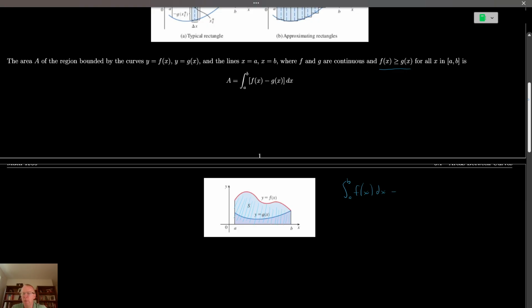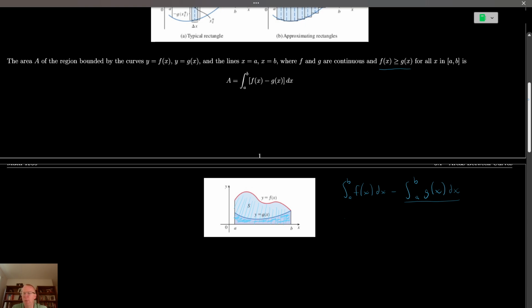Then we subtract the integral from a to b of g of x, because if we just want the area S between the two curves, we've already counted the part that's under g, so we don't need to count that. We subtract it off with this term, and that gives us the total area S.